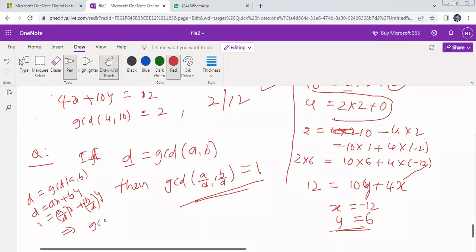GCD of A by D comma B by D is exactly equal to 1. Right?